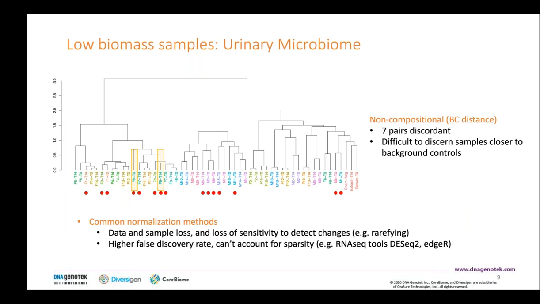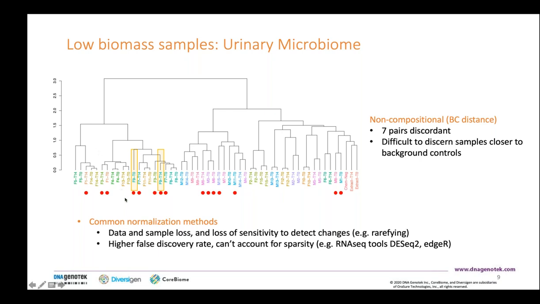This first representation I'm showing is using a traditional non-compositional distance metric, with the sample distances represented in a cluster diagram. Each point is a different sample here. Most samples, as expected, pair, meaning baseline and endpoint are the same or similar in microbiome composition, but there are a number of samples that do not co-cluster, marked in red on the diagram.